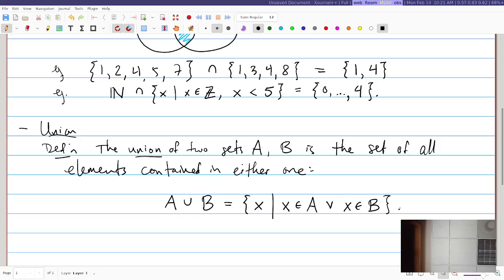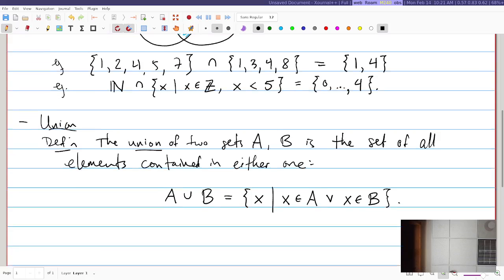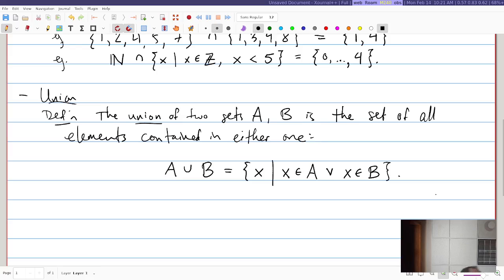Notice how similar that is to intersection, but we have an or instead of an and. And lucky for us, the symbols are the same way around. This U corresponds to the or symbol, and the intersection is pointing up just like the and symbol. That's not a coincidence.